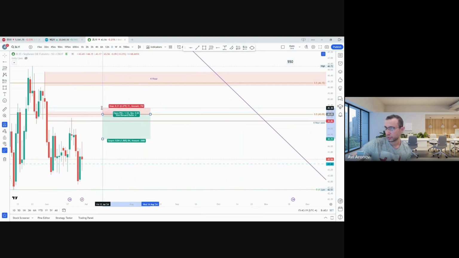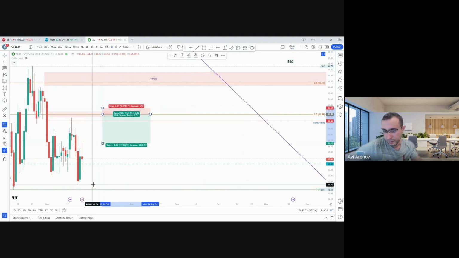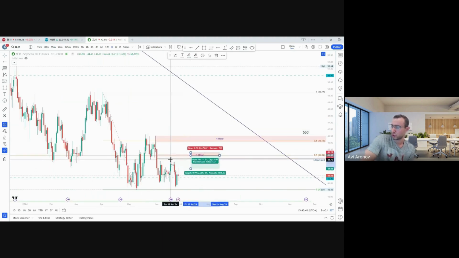I can actually give it so much risk like that. Okay, so one, two, yes, good. So that would be roughly our trade if we're looking for the short.